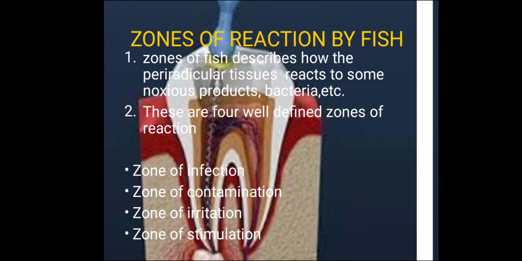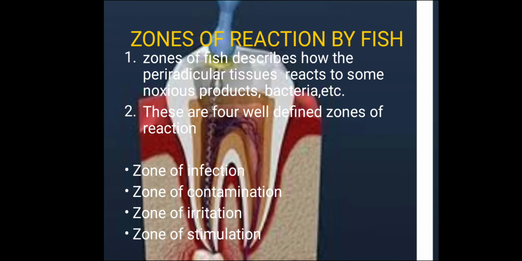Zones of reaction by Fish. Fish described experimental foci of infection in the jaws of pigs by drilling openings in the bone and packing in wool fibers saturated with a broth culture of microbes. So, the zones of Fish describe how periradicular tissue reacts to noxious products and bacteria.